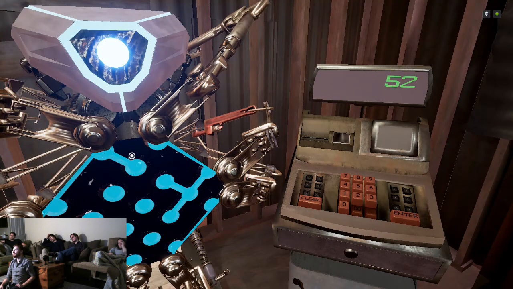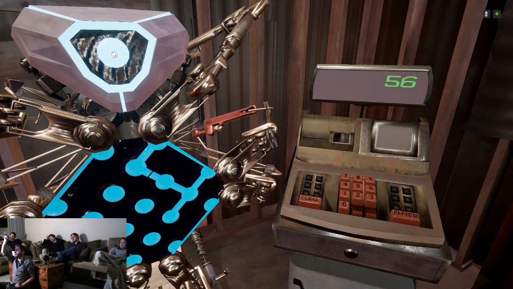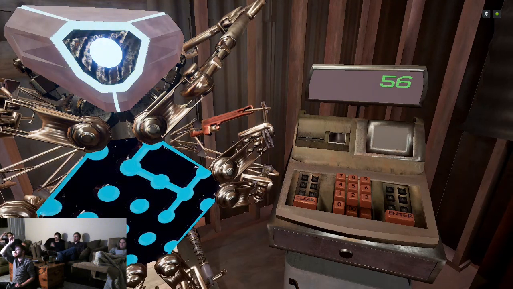I don't think so. So I think the outer dots go up as you go clockwise in value. I think top left is 4. I think top right is 12.